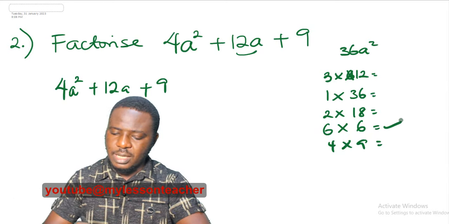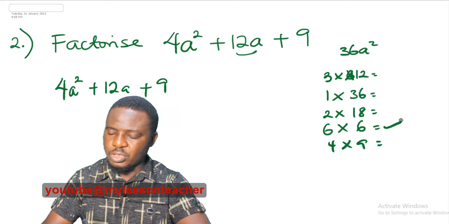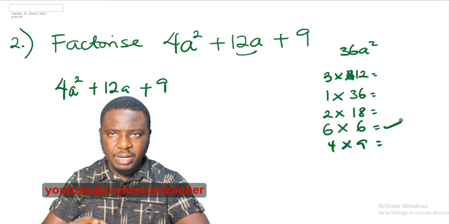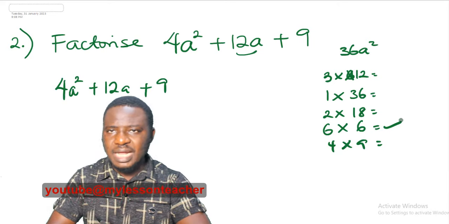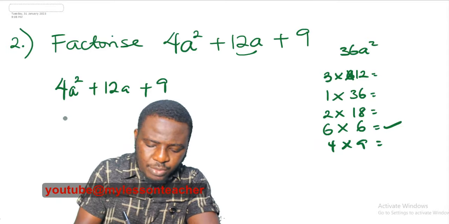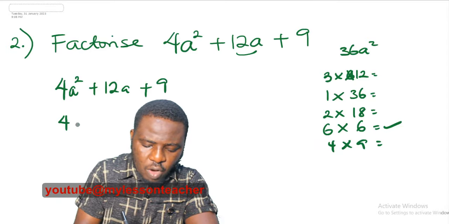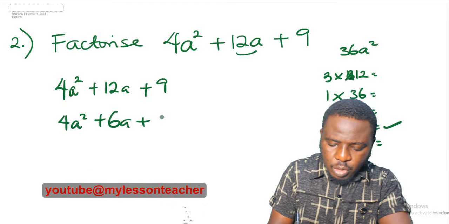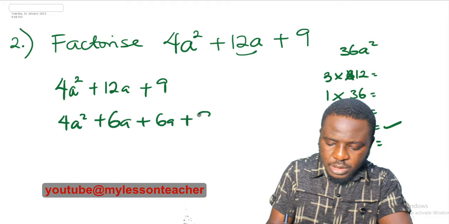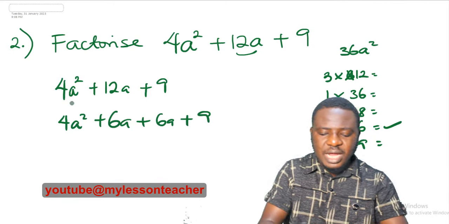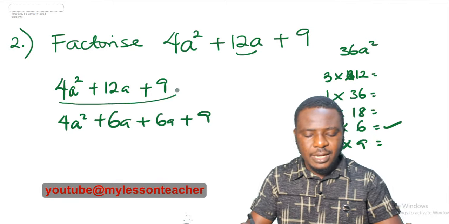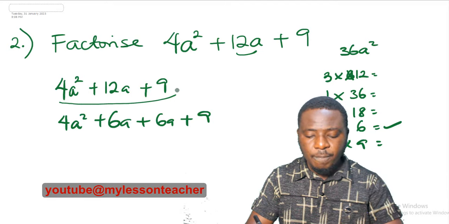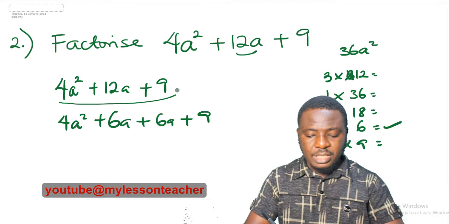Okay, so 6a plus 6a will be the two terms that satisfy that condition. So we are going to replace the middle term, giving us 4a squared plus 6a plus 6a plus 9. Remember, we said we cannot factorize it in a trinomial form because there is nothing that is common.